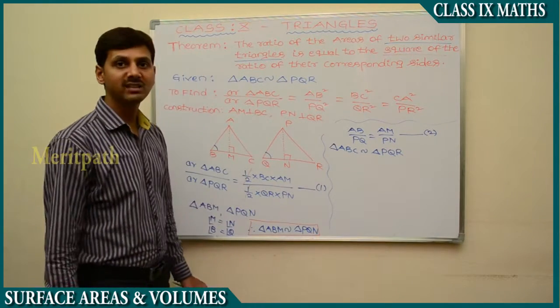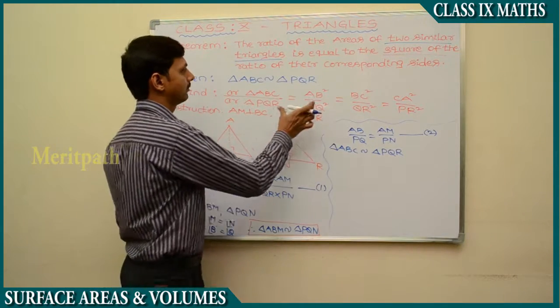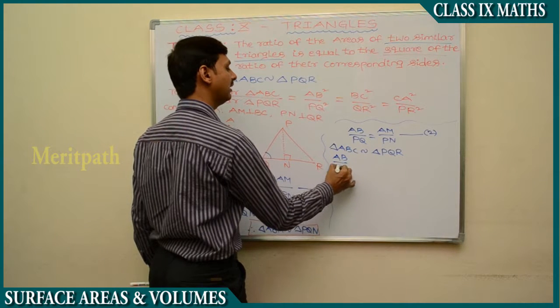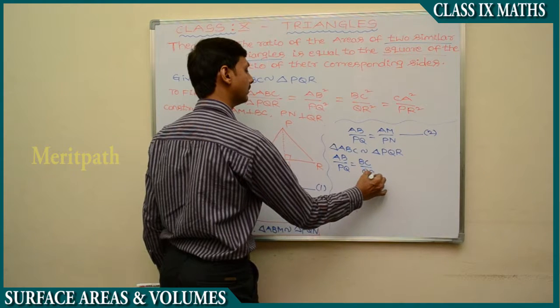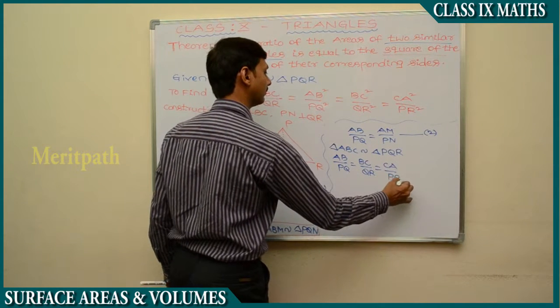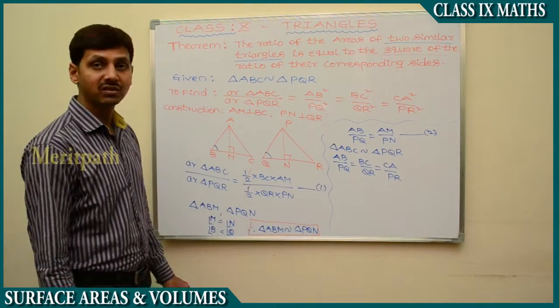So when these are similar, their corresponding sides are in the same ratio. So let's take their corresponding sides: AB by PQ is equal to BC by QR is equal to CA by PR. So from this, let's take the first equation.